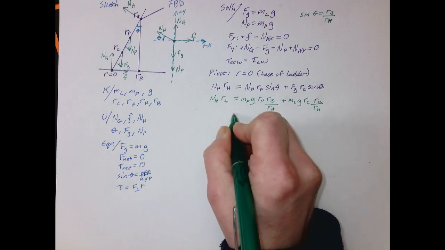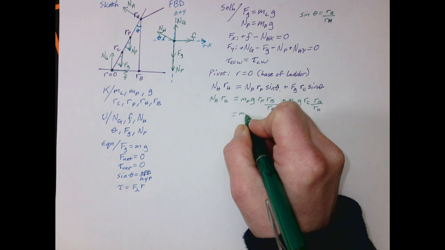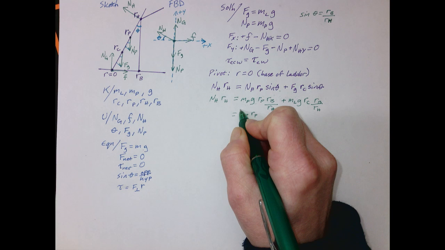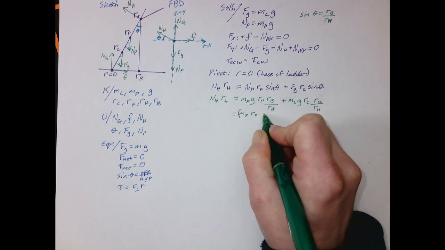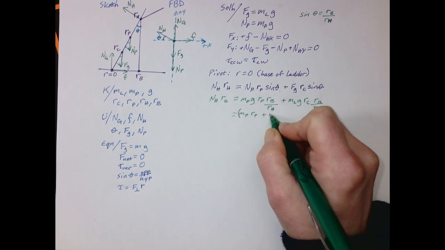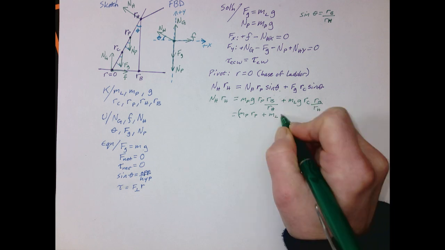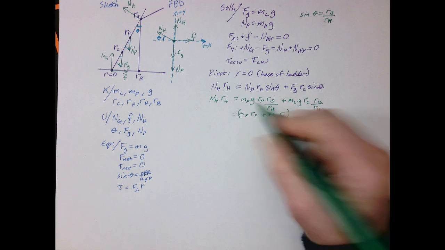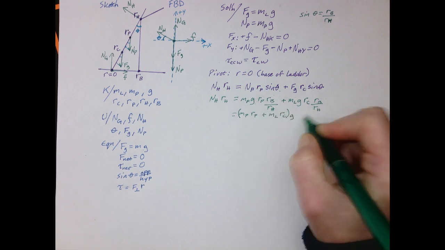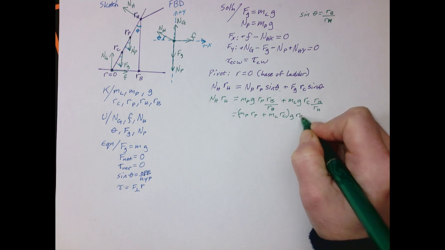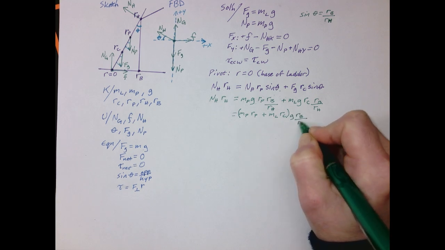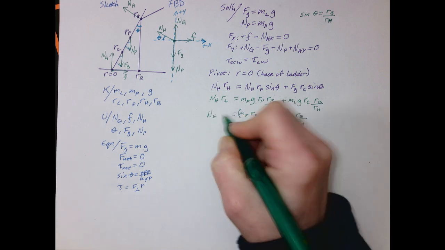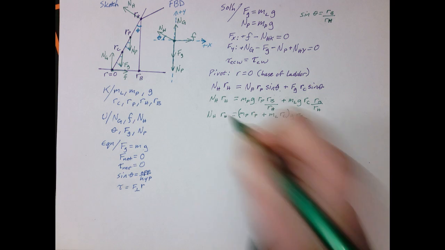So we can rewrite this as m sub p times r sub p, in parentheses, plus m sub l times r sub c, close parentheses, times g times r sub b divided by r sub h equals n sub h times r sub h.